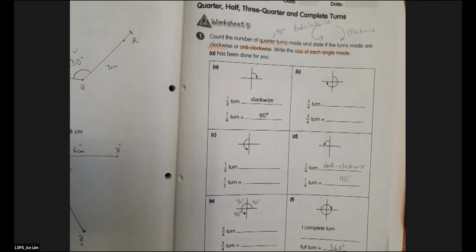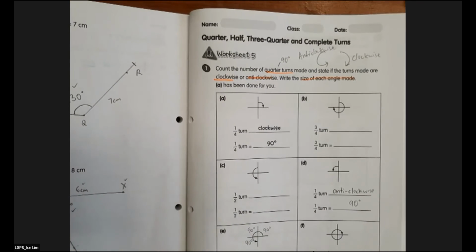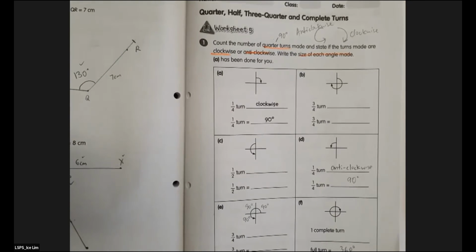That's why, even though nowadays people use a lot of digital watches, the ideas of clockwise and anti-clockwise are still very important. That's why Miss Lim still likes analog clocks a lot more. I like those that are quite pretty.